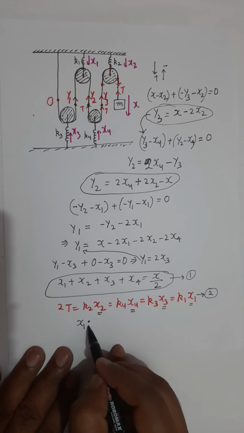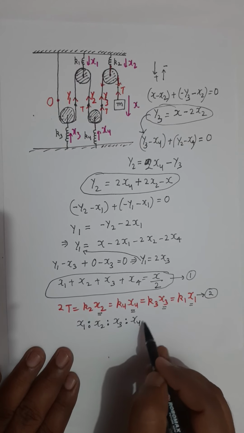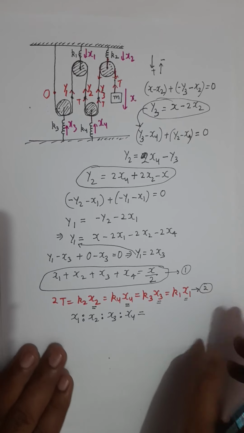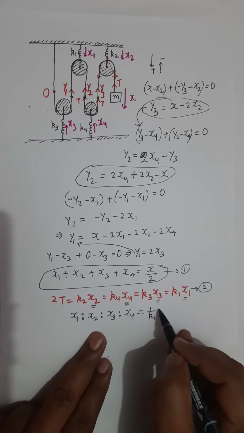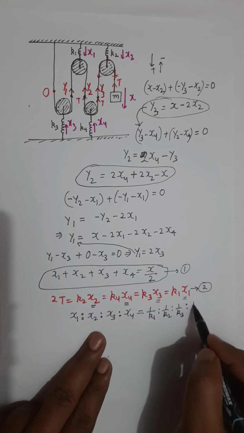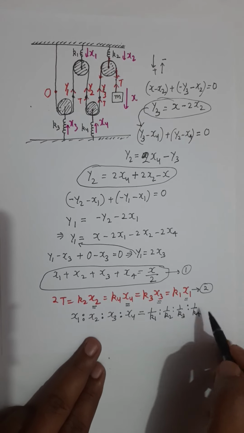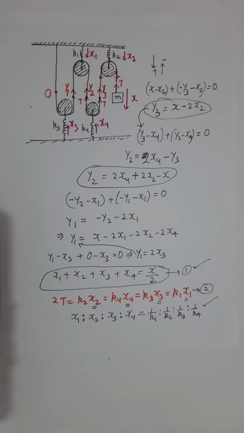That ratio will be x1 ratio x2, ratio x3 and ratio x4. I can find the ratios now, and the ratios are 1 over k1, 1 over k2, 1 over k3, 1 over k4. Using ratio and proportion, you can find what is the value of x1, x2, x3 and x4.